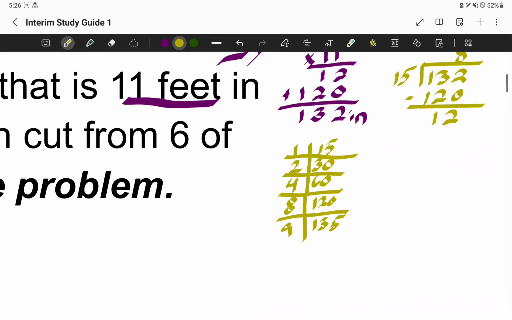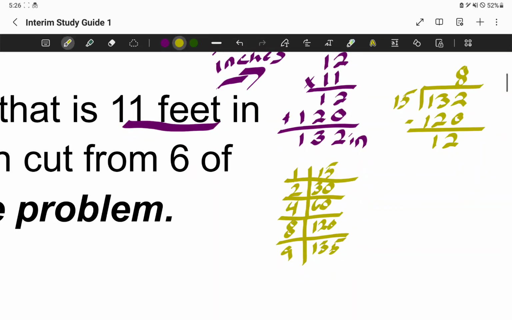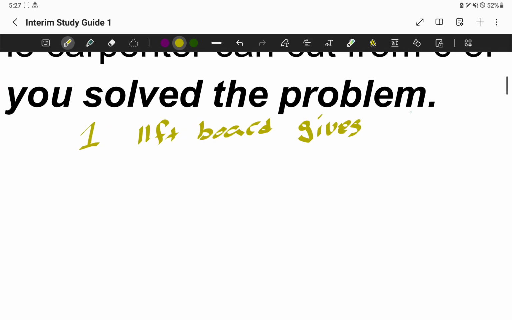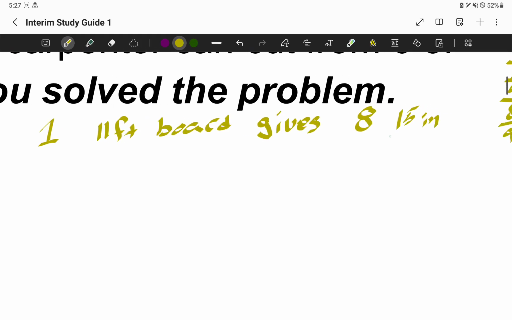So from one 11-foot board, we get 8 15-inch pieces.